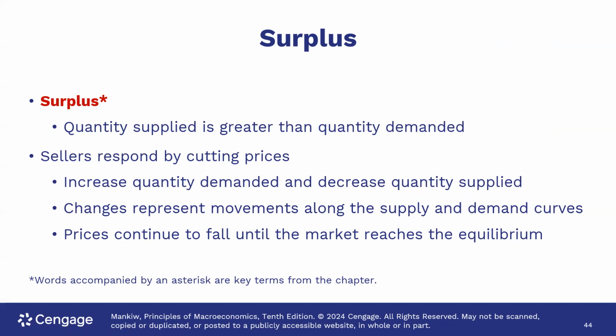So here, the surplus is that there's more supply than demand at this given price. So in this case, all the sellers will find that inventory is building up. So they have a lot of goods that are produced but cannot be sold.